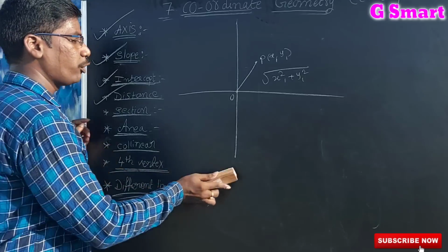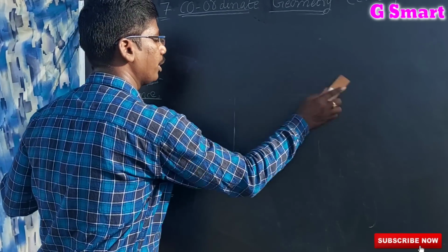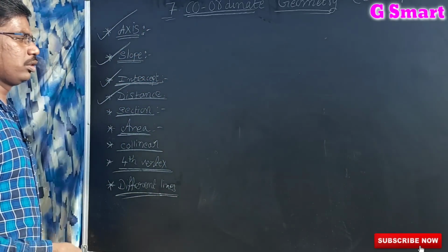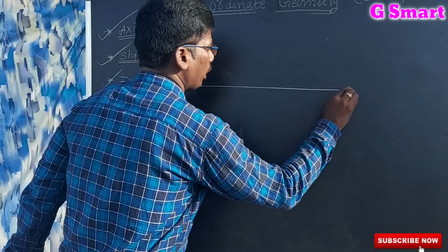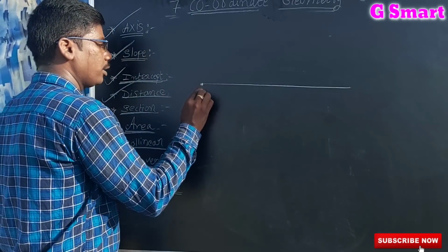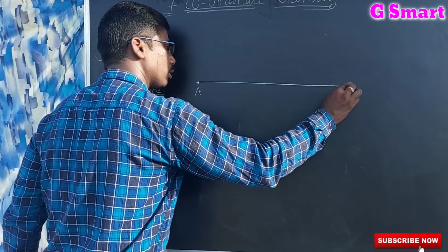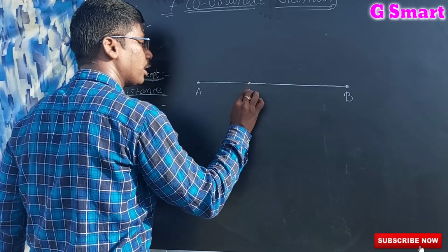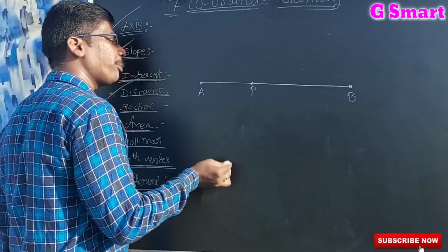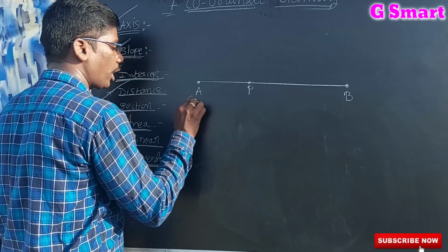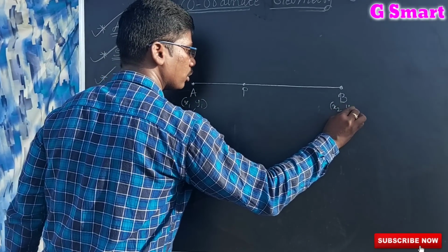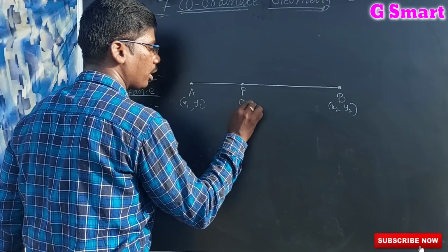Next, section formula. AB is a line. This line AB is intersected by point P. A is (x1, y1), B is (x2, y2) and P is (x, y).